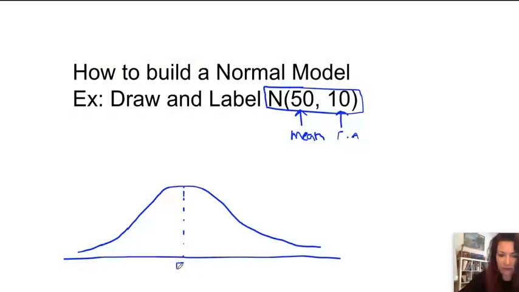So I will write down 50 right here, which is the mean. And then I will add 10 as my standard deviation. So approximately one standard deviation to the right is 60, because I'm just adding the 10. Then 2 standard deviations would be 70. So I just keep adding 10, and I do it for 1, 2, 3. This would be my third one.